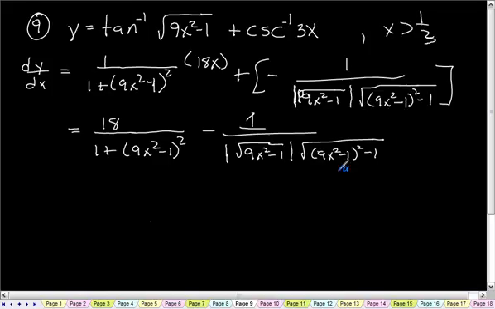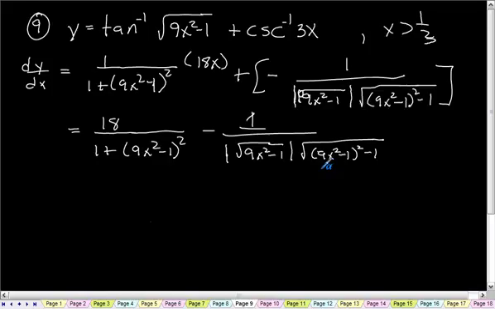If we simplify this part here, what this means is 9x squared minus 1 times 9x squared minus 1. I'm going to show you a freehand version. Basically, I'm not going to do it in my head.